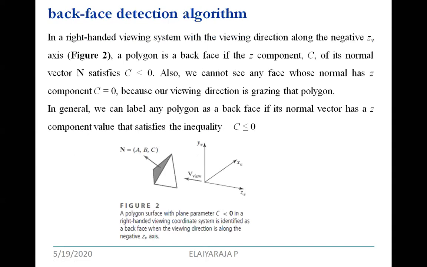So when you are going to view the given object from the viewer point, in a right-handed viewing system with the viewing direction along the negative z axis, which is shown over here, a polygon is back face if the z component C of its normal vector N satisfies C less than 0.